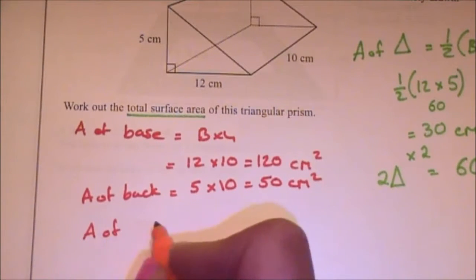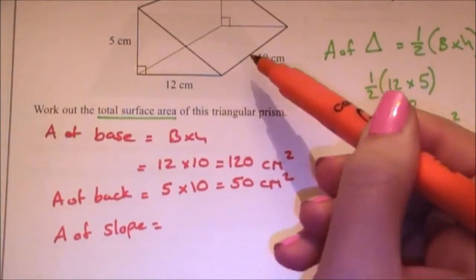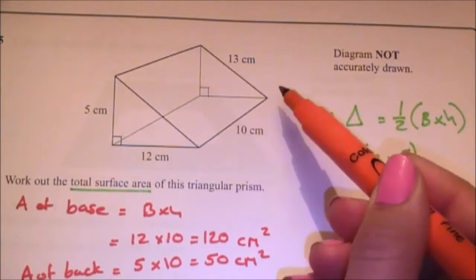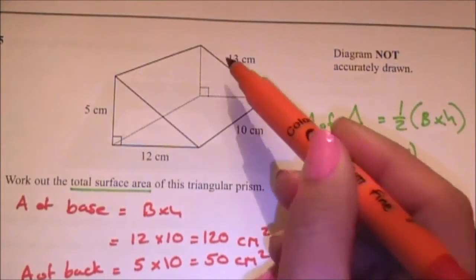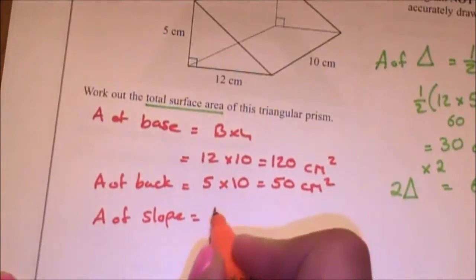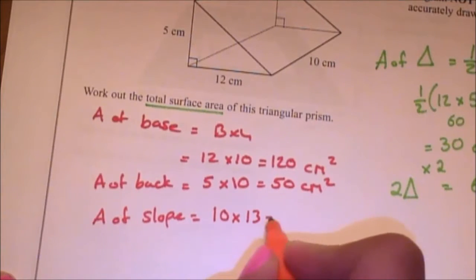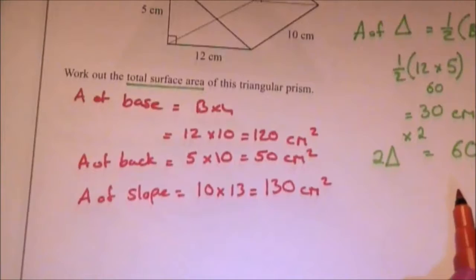So I'm just going to call that area of the slope, and that's got a depth there of 10 and it's got a width of 13, so it's going to be 10 times 13. So 10 times 13, which is 130 centimetres squared.